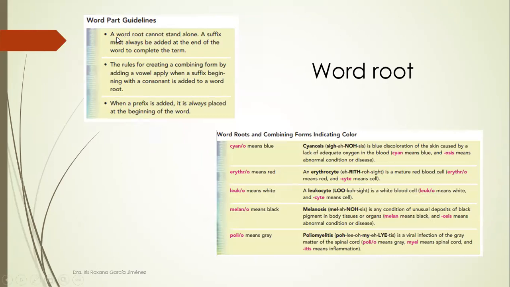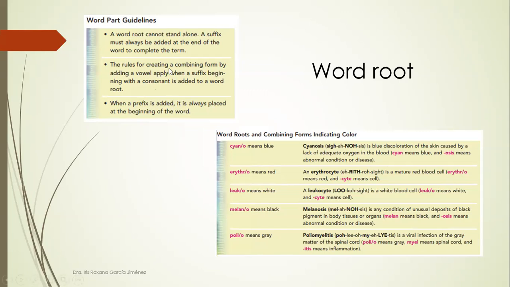First of all, it cannot stand alone. It does need a suffix that must always be added at the end of the word. A word root without a suffix is without a sense, without a meaning, and there's no way to understand it. We can infer, but while writing or talking, it's not correct to leave just the word root.